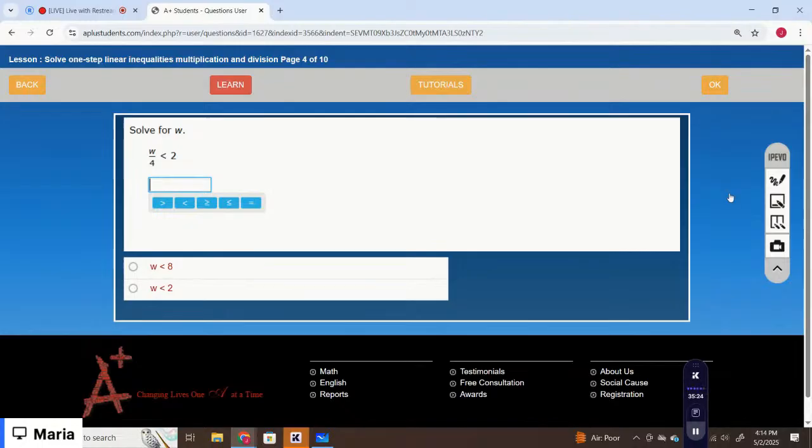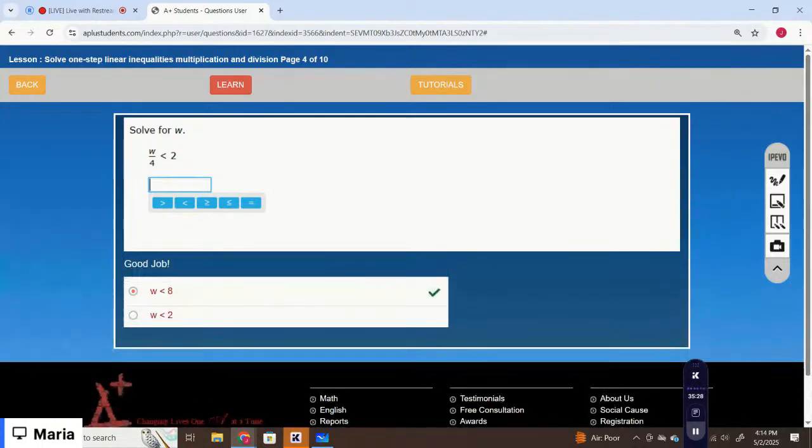So w is less than 8. Option number 1 is the correct option.